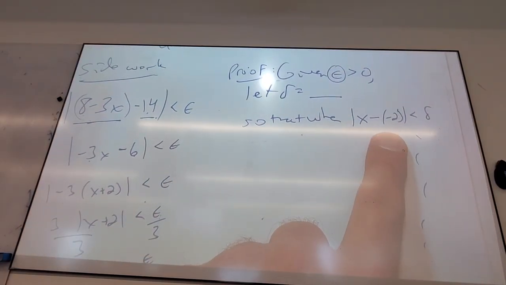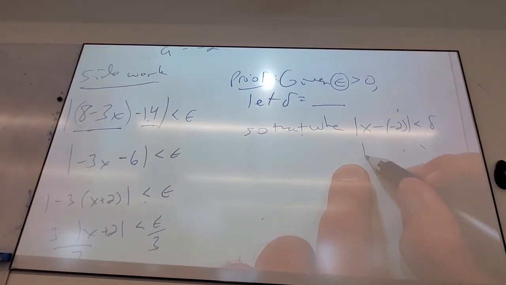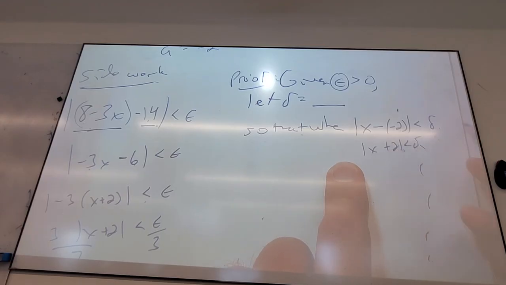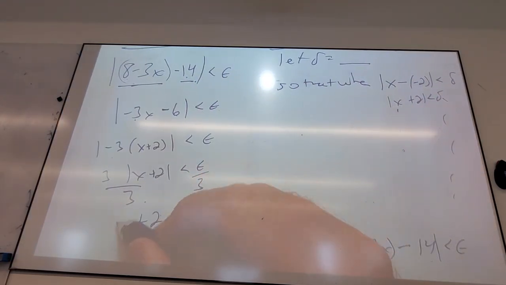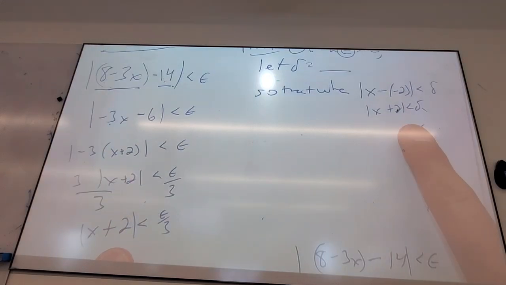What did we just figure out? What do we want delta to be? Look, x plus 2 less than delta. I want delta to be epsilon divided by 3.